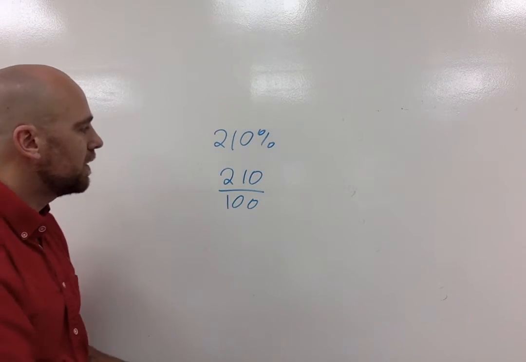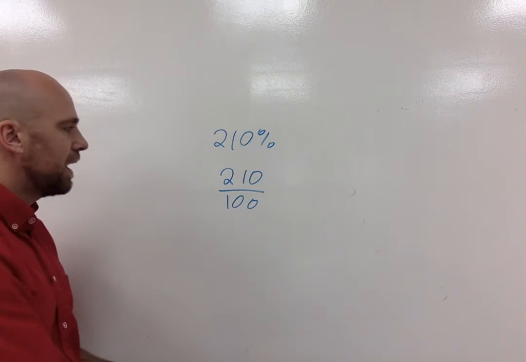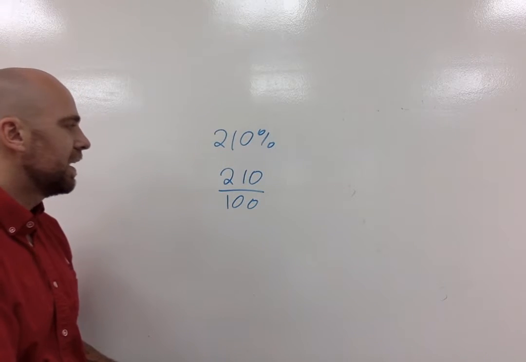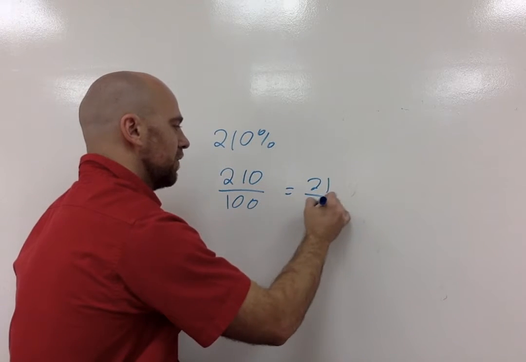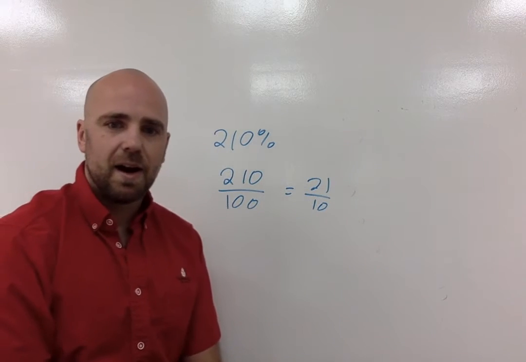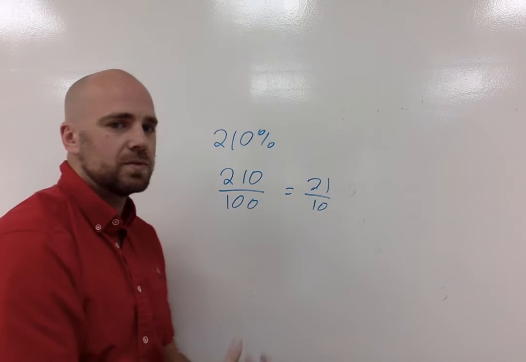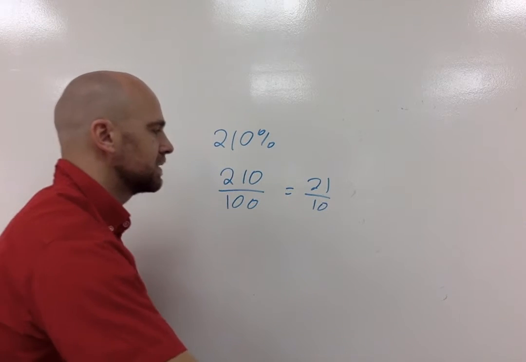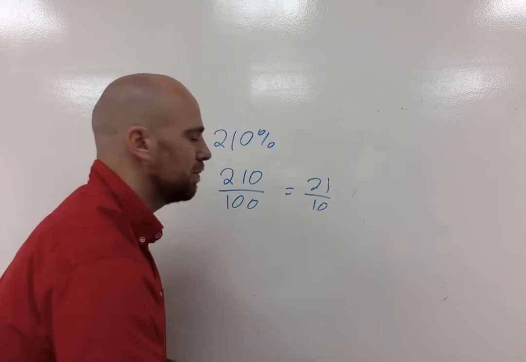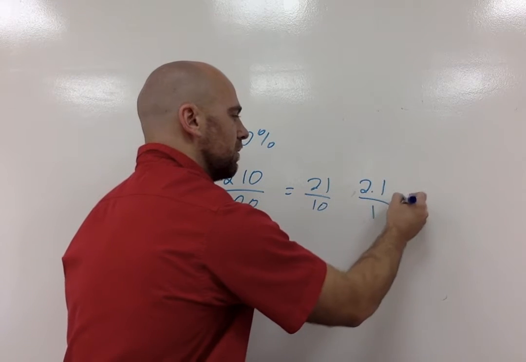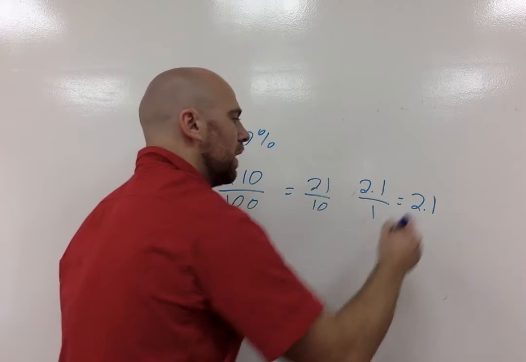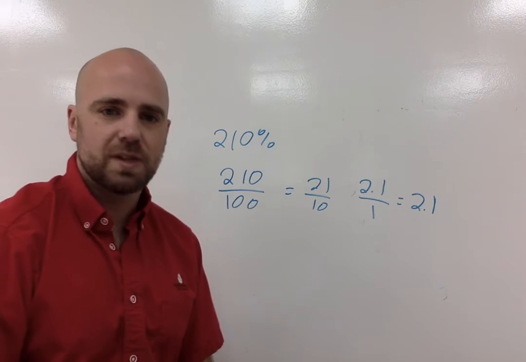If I want to simplify, I can reduce them both by 10, which would give me 21 over 10. Or I can simplify some more and figure out exactly what it is over 1, which would give me 2.1 over 1, which is equal to 2.1, as we've discussed previously.